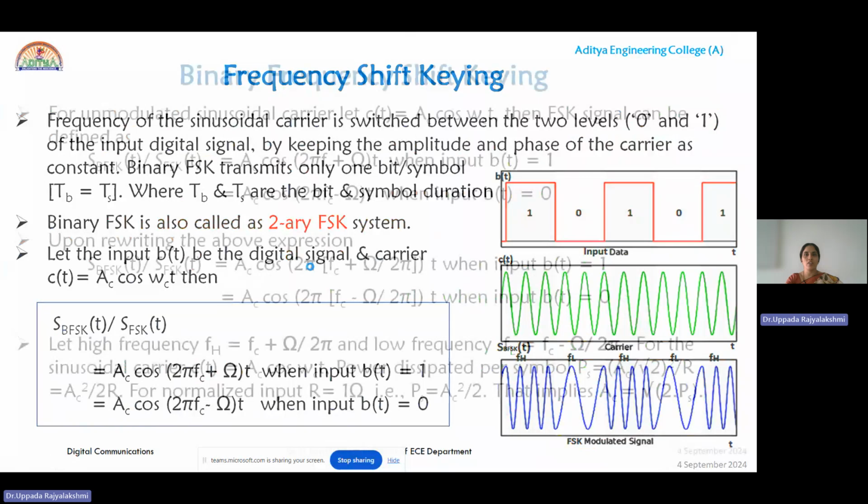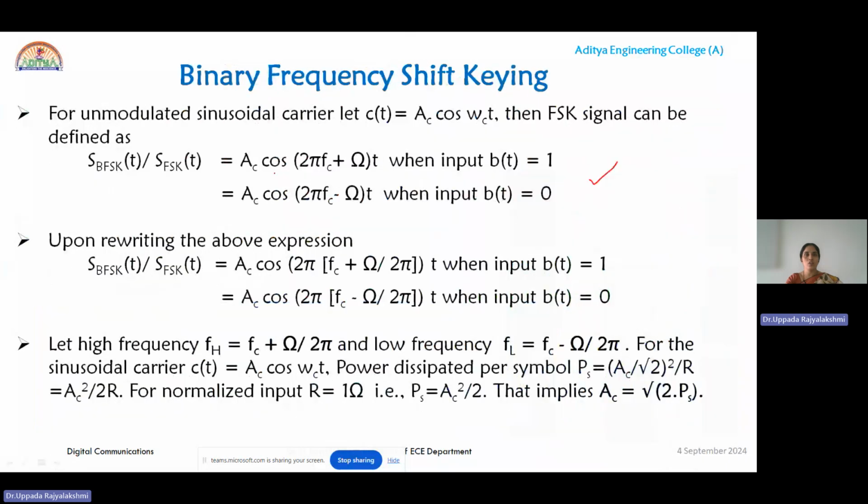Here again, we have written the same expression, AC cos 2 pi FC plus omega into t when the data bit is 1, and similarly AC cos 2 pi FC minus omega into t for data bit 0. Now let us take 2 pi as common here, because 2 pi FC is an angular frequency, let us split into the natural frequency.